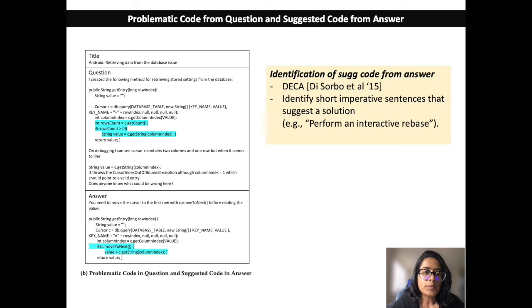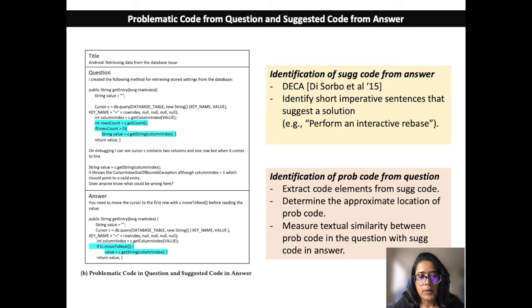To improve the performance of the existing tool DECA, we identify short imperative sentences, that is, sentences that start with a verb followed by an object, such as this example, perform an interactive rebase. We use chunking and other linguistic pattern matching techniques to identify these phrases towards identifying suggested code from the answer.